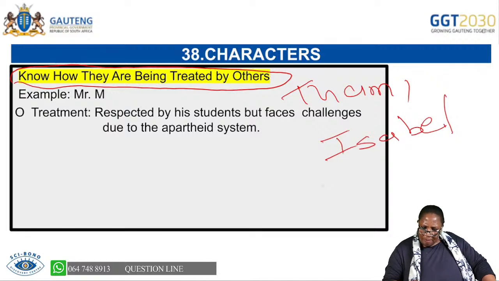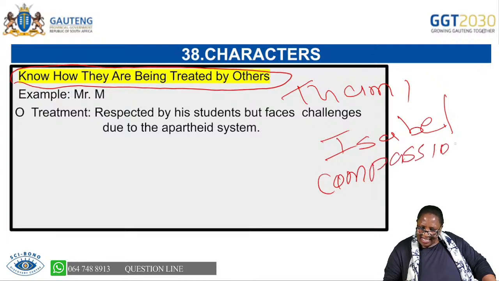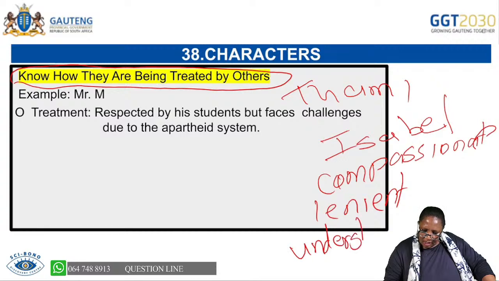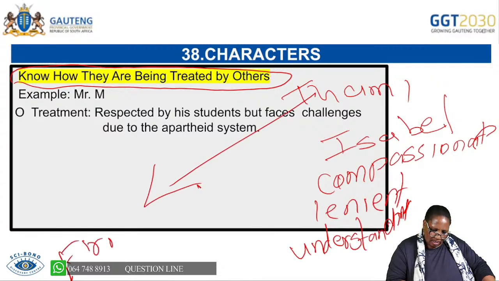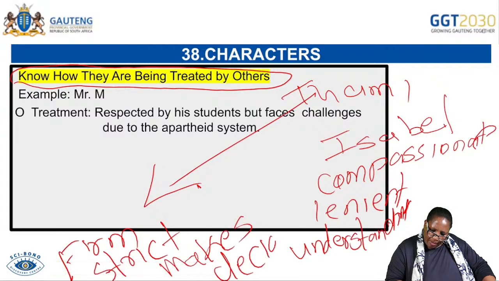He is more compassionate, more lenient, more understanding to Isabel, yet with Tammy, he is more firm, strict, makes decisions for him.